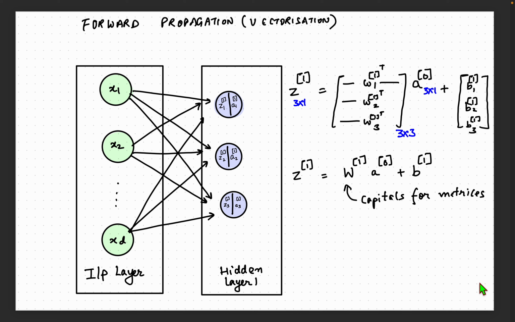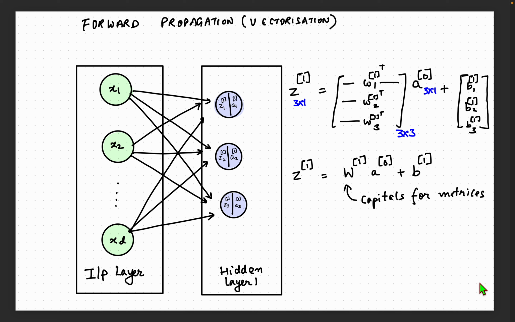W has now become a matrix of size 3 cross 3, because we have three nodes in hidden layer 1 and 3 in the input layer, and A is a vector and B is also a vector. So it is very important to keep seeing these as scalars, vectors and matrices in your mind. Then it becomes easier to compute these things.